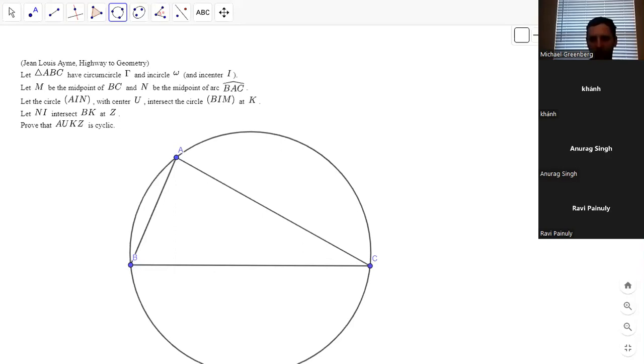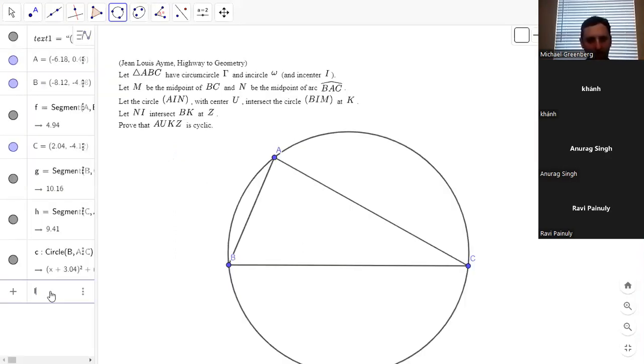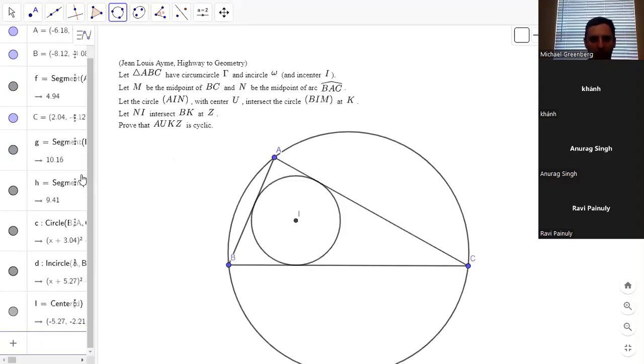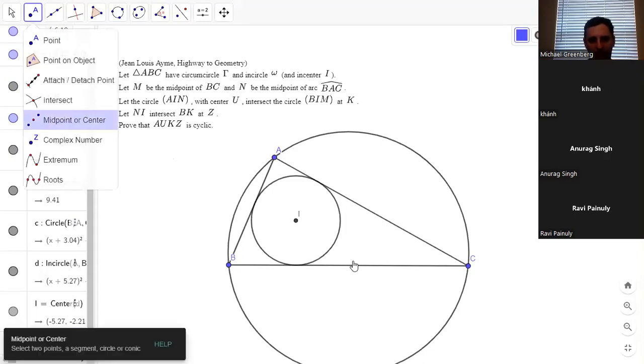And now let's draw the incircle. Let I be the incenter. And M is the midpoint of BC.